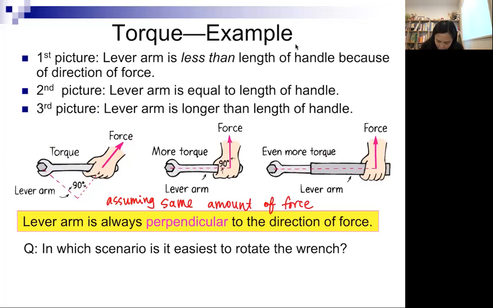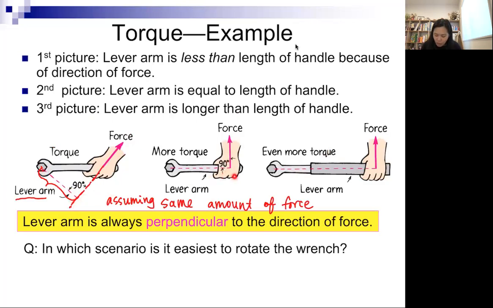For the first case, you extend the line of force and draw a line perpendicular to this force passing through the pivot point, and this is the lever arm. This distance between the pivot point and the point where you have this perpendicular angle with the force gives you the lever arm in the first scenario.